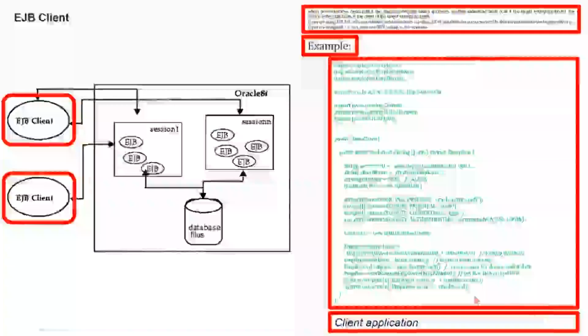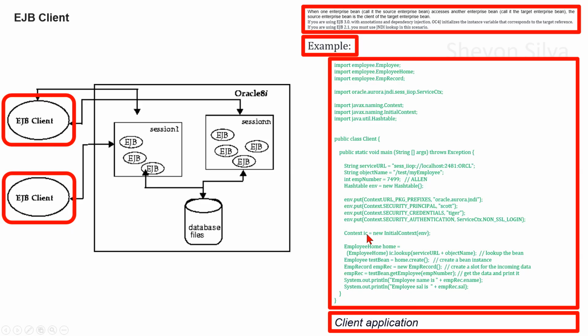As an example, you can see a client application here invoking an EJB method, if you consider that part. Once you have the home interface for the bean, you can invoke one of the bean's create methods to instantiate a bean.